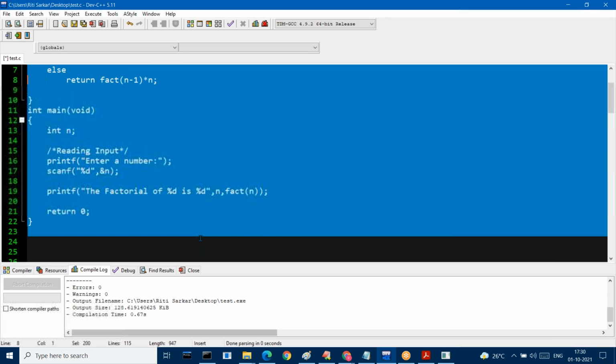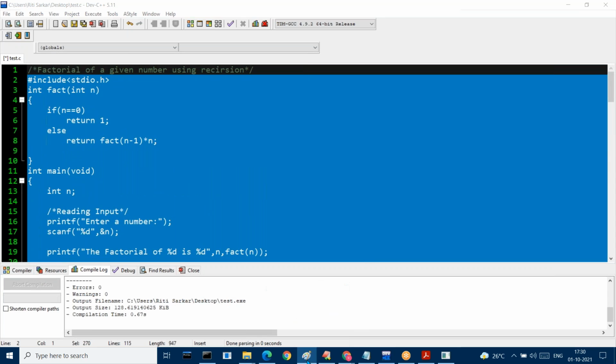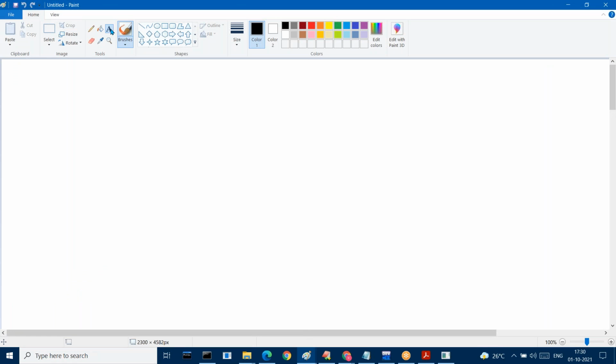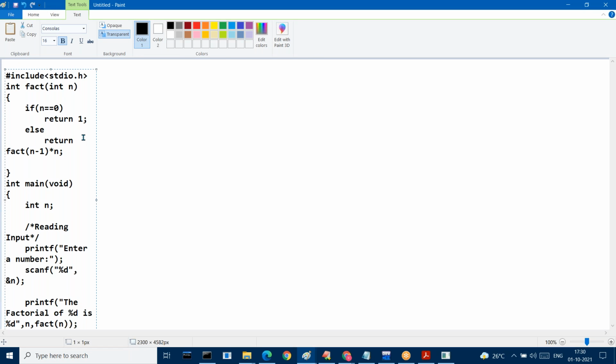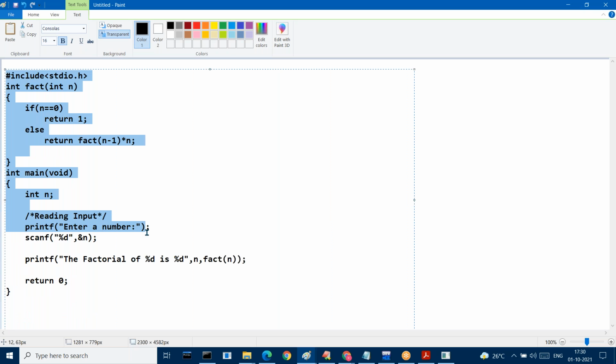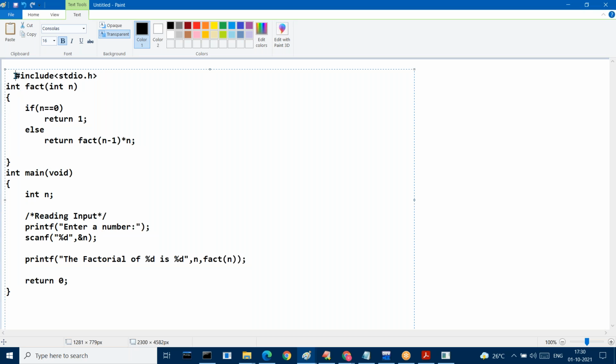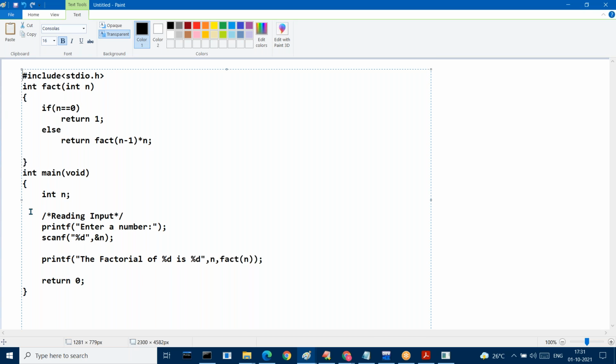Now how will this program work internally, sir? Outputs are coming, everything is okay. But how does the recursive function work internally? That clarity I will give now. Observe here. This is my coding. This is the main function.